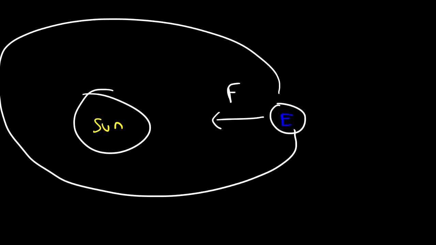In this case, it's gravity. Gravity provides the centripetal force. Gravity pulls the Earth towards the sun, but the Earth wants to fly outward towards outer space. So instead, it turns. So gravity keeps the Earth in orbit around the sun.